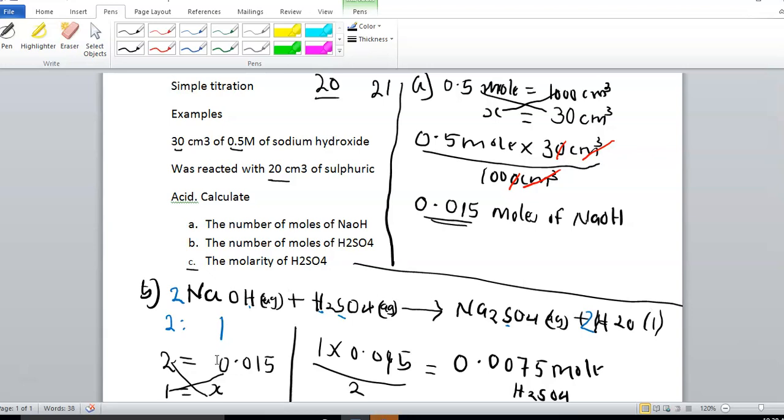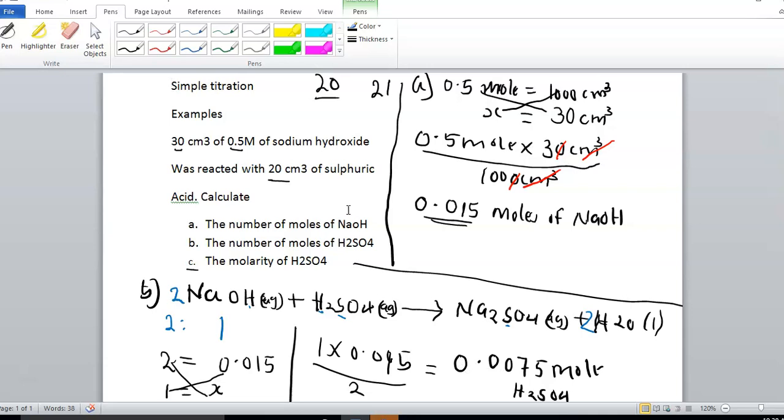Then we use the mole ratio by saying 2 mole ratio of the base is equal to the number of moles used. What about 1 mole ratio?